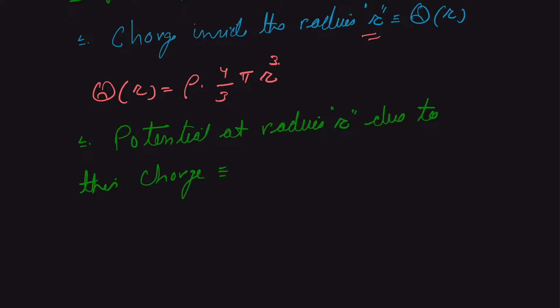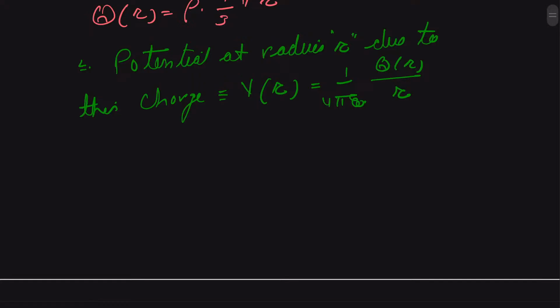Let us call this V at radius r, and that will be equal to 1 upon 4 pi epsilon naught, times charge divided by the radius r. We can easily substitute our q of r, so we get that the potential at distance r will be equal to 1 upon 4 pi epsilon naught, and this q of r is rho 4 by 3 pi r cube, multiplied by 1 by r.